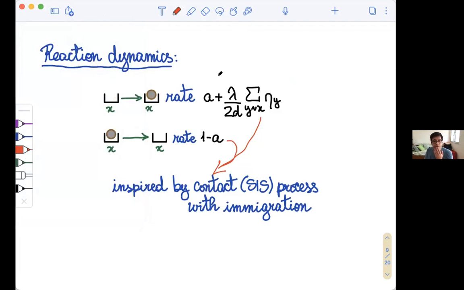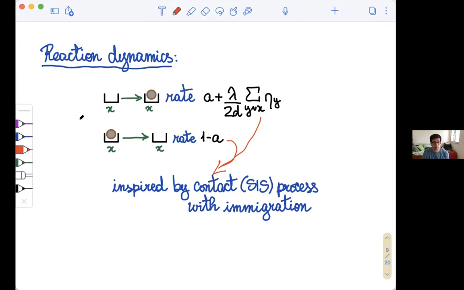The reaction dynamics is going to mimic somehow what I explained before, the SIS model. So it's actually mimicking another popular model, which is the SIS model. So in the SIS model, you just have susceptible and infected, and you go from susceptible to infected. And now what we imagine is that there is a special component in our dynamics.